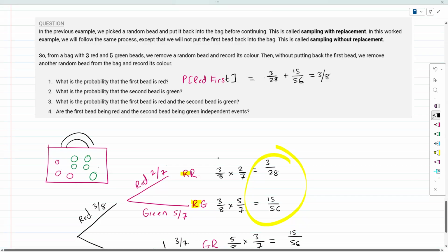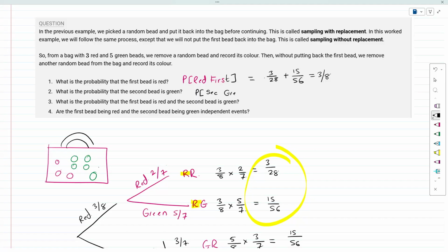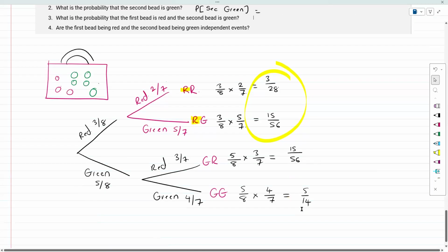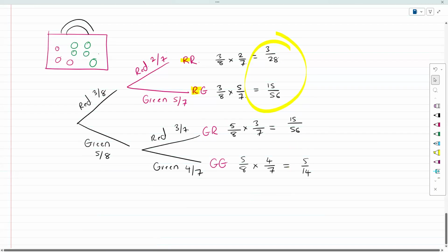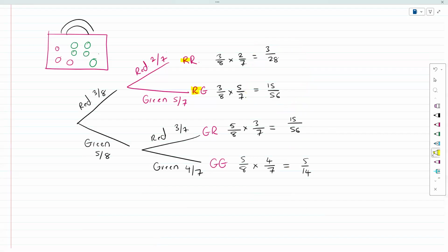Let's look at this, right? What is the probability of getting the second bead green? So they want the second bead to be green. Now that's quite simple. We can go to our tree diagram and look for the second bead being green. If the second bead is green, all I can see is the second bead is green here and the second bead is green there. Why? Because there's green and green.